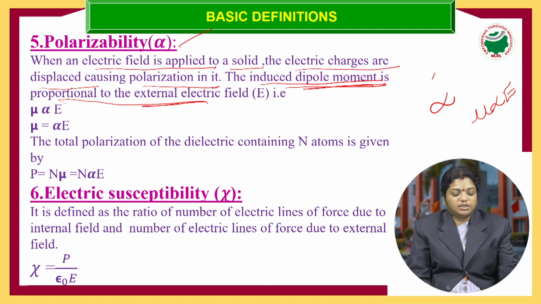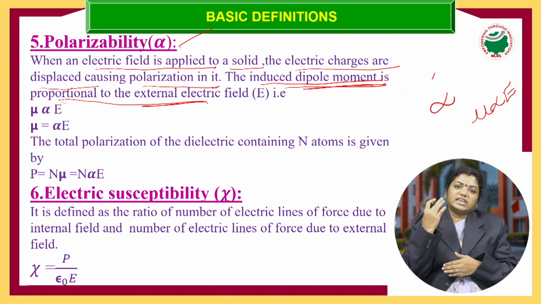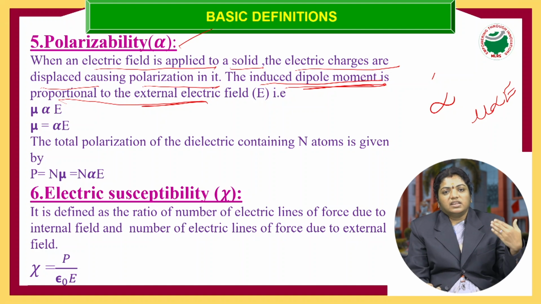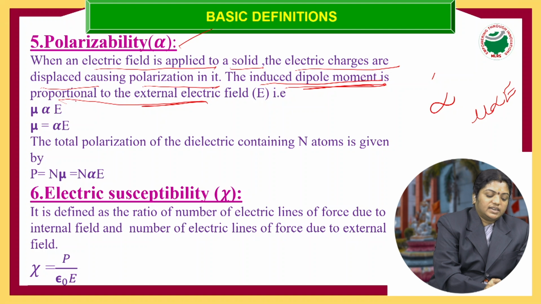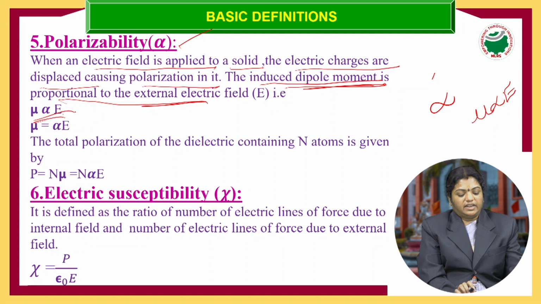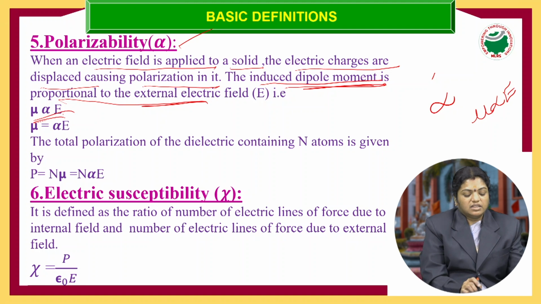If we increase the electric field, automatically the electric dipoles also increase. So mu is directly proportional to E.